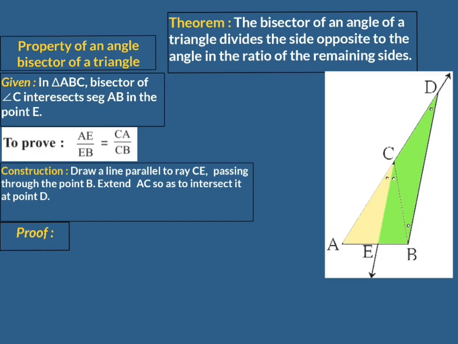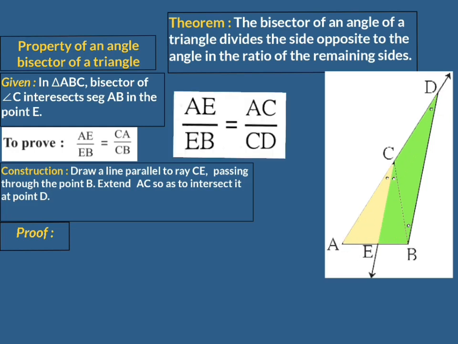In triangle ABD, ray CE is parallel to one of the sides of this triangle, that is DB. Hence, by using the basic proportionality theorem, we get AE upon EB equals AC upon CD.